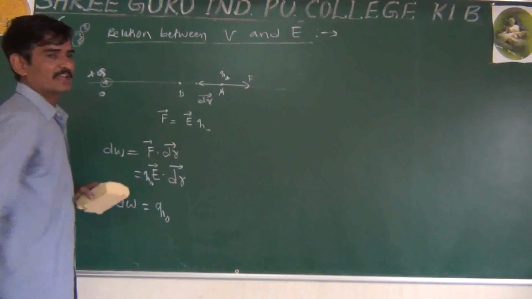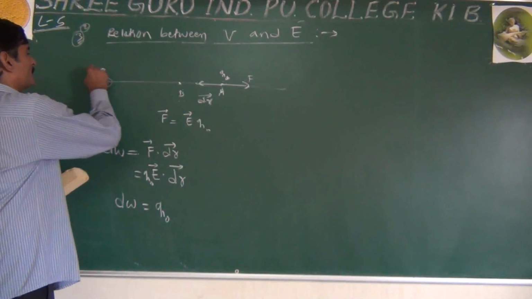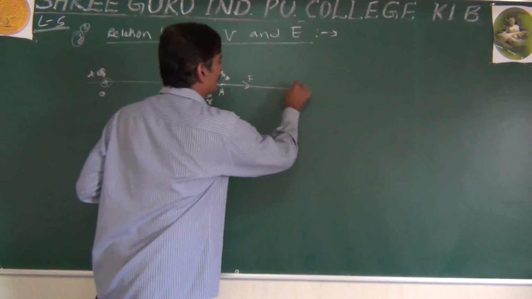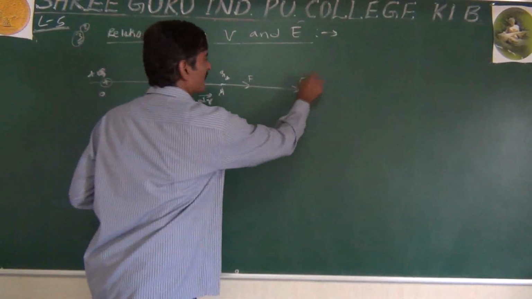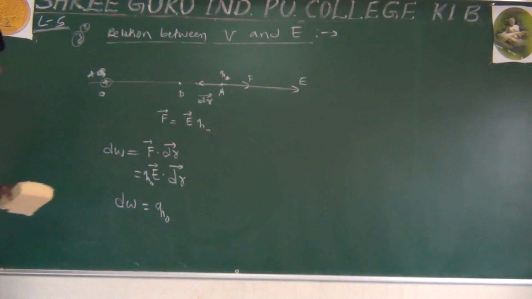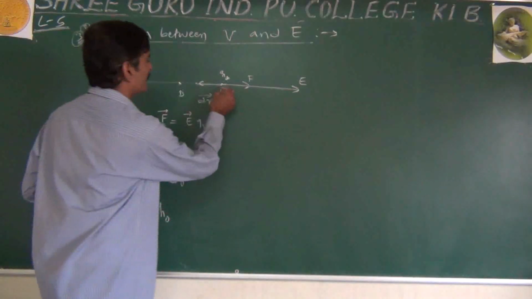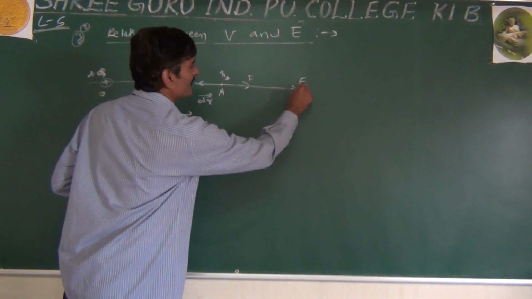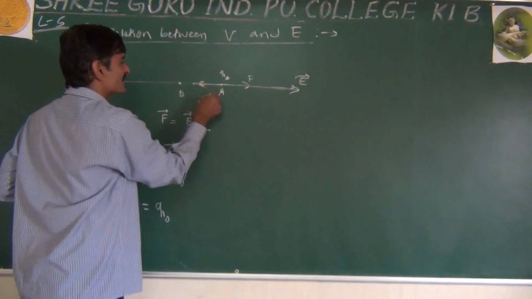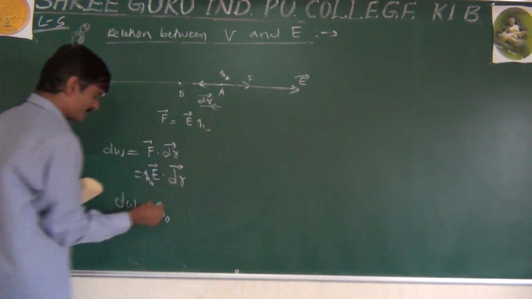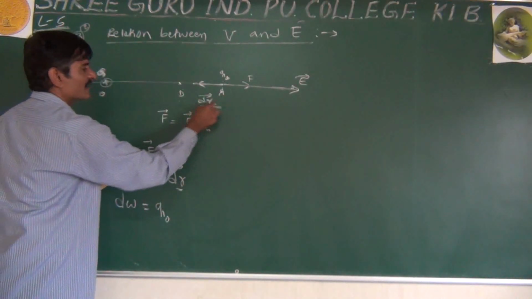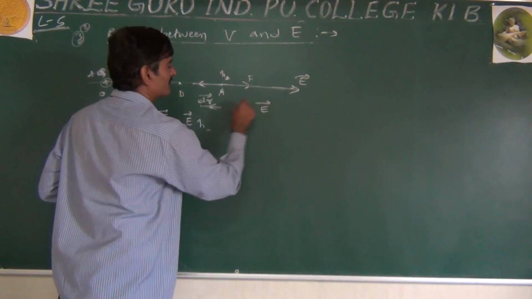What is the direction of the electric field? For a plus Q charge, the direction of the electric field is outward, and the displacement dr is in the opposite direction.